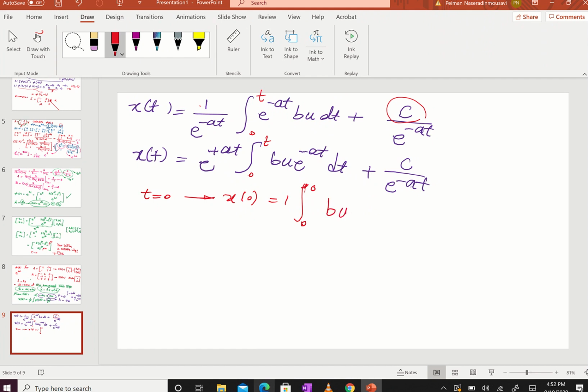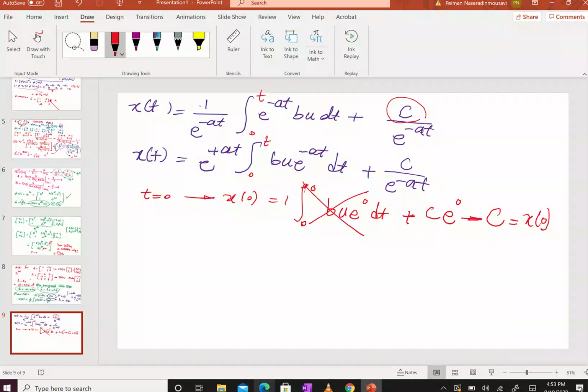Whatever is inside, Bu e to the 0 dt, is going to be 0, plus c times e to the power of 0, which is 1. So you get from here that the constant c is x at time 0, because integration means sum, and the sum from time 0 to 0 is 0. That's basic mathematics.